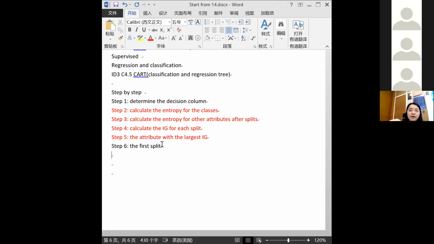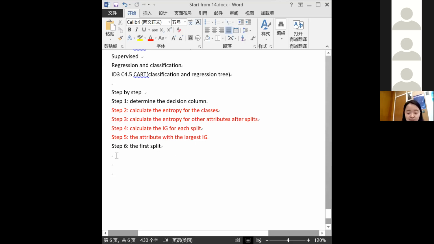So if we use this attribute to split the whole samples, the whole samples will be divided into 3 subtrees. The first one is the raining subtree, the second one is the cloudy subtree, and the third one is the sunny subtree.